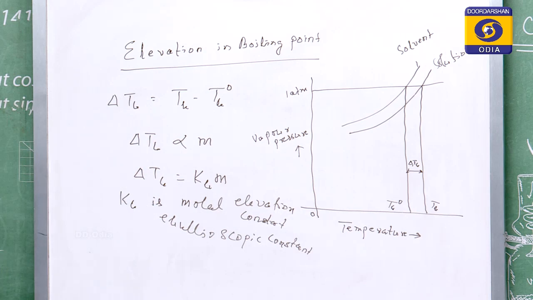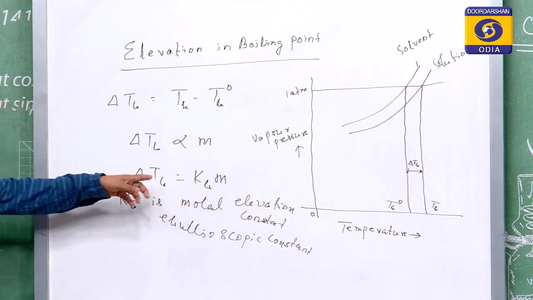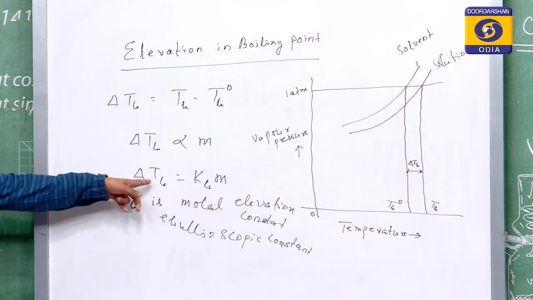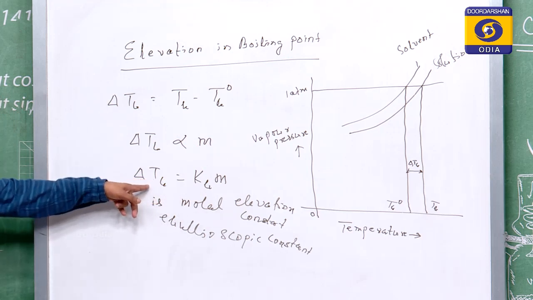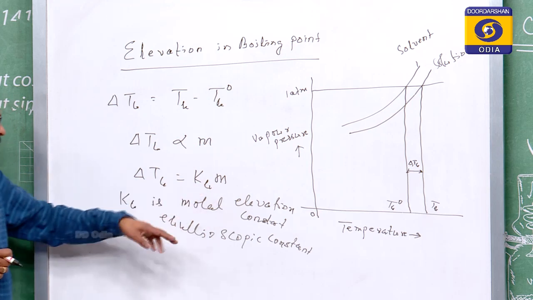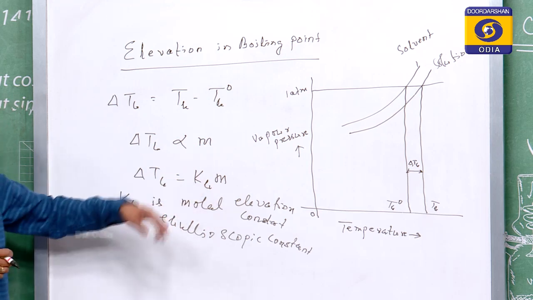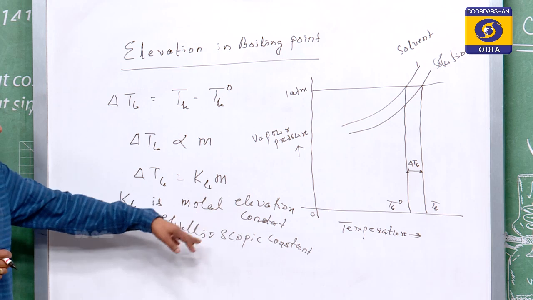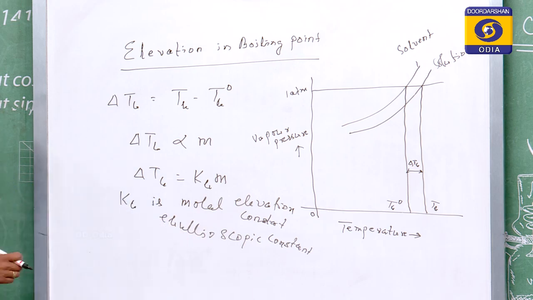That means the increase in boiling point is directly proportional to molality, and the increase in boiling point, or elevation in boiling point, is equal to K B into m. Here m is the molality of the solution and K B is the molal elevation constant or ebullioscopic constant.